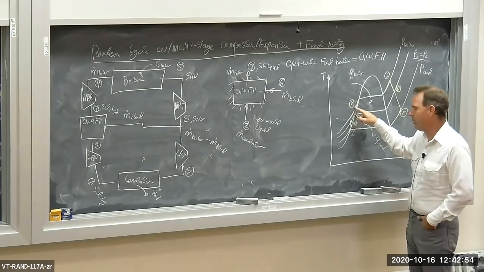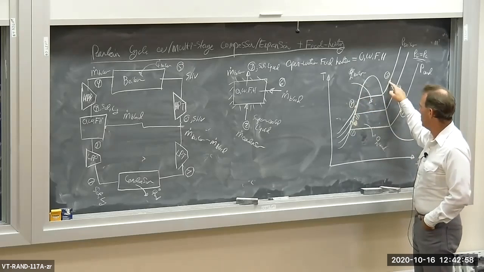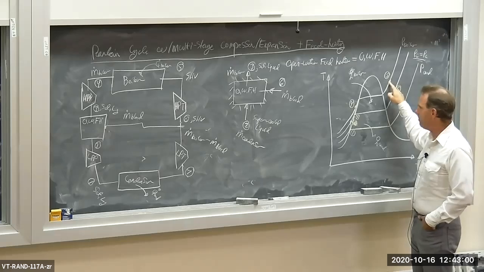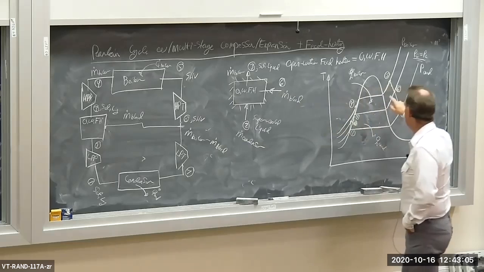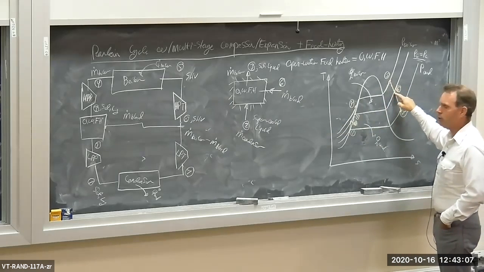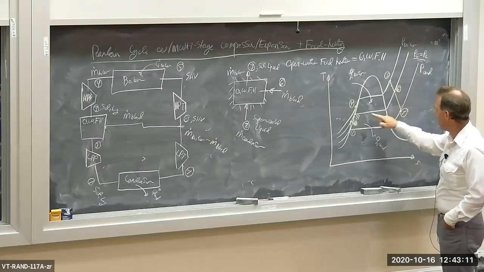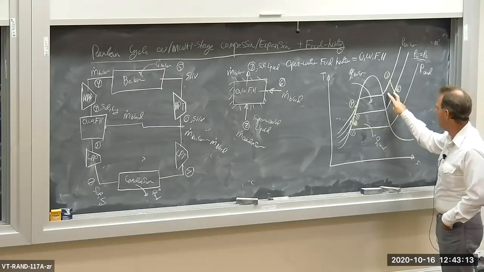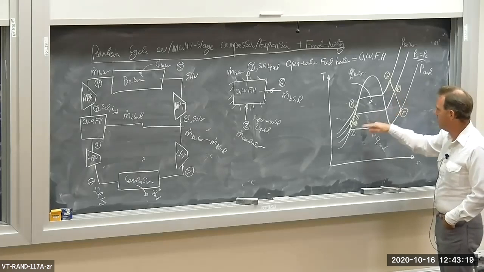The exit of the high pressure pump, we're at the boiler pressure. We add the heat in the boiler. We end up, let's say, at a superheated vapor going into the high pressure turbine. That's state 5, superheated vapor. Then we expand in the high pressure turbine down to the intermediate pressure. Notice there's an increase in entropy here. The high pressure turbine presumably is irreversible. So are the pumps.